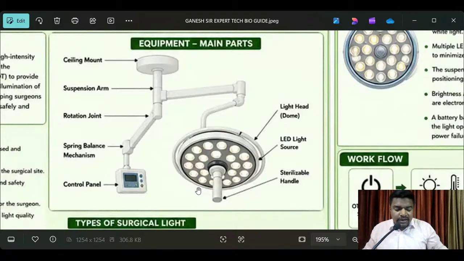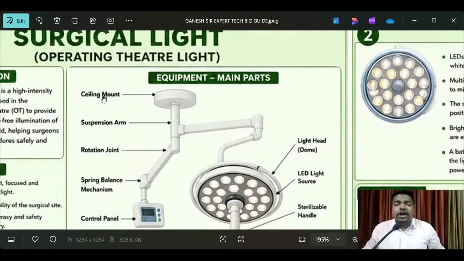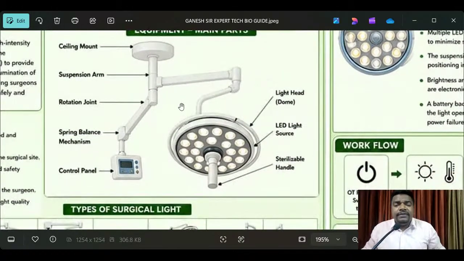I hope you got it very clearly, how an OT light looks. A surgical light, an operation theater light: in every operation theater we find it in this way. It's a very important thing.